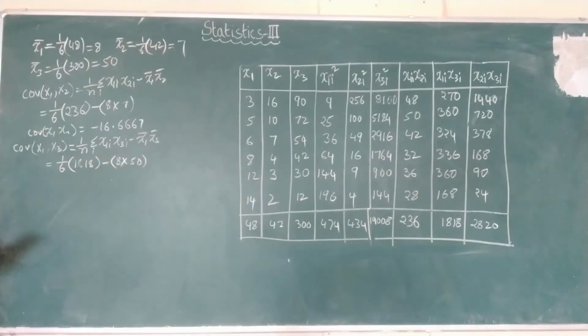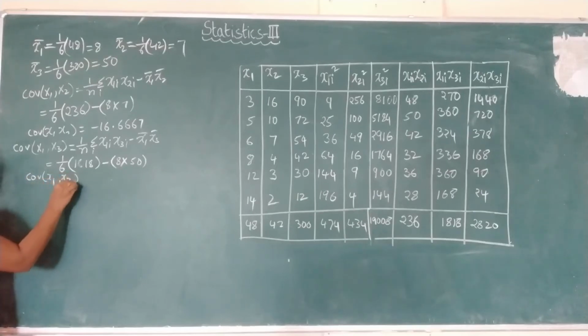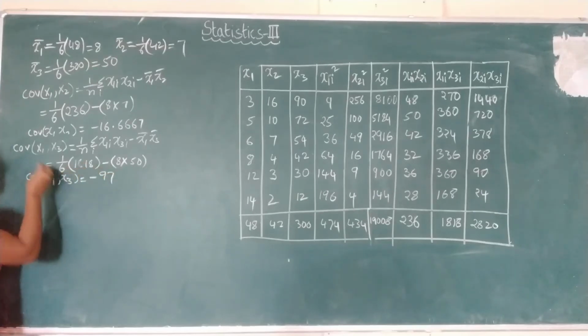So find out the value: 1818 divided by 6 minus 8 into 50. You will be getting the answer for covariance of x1, x3 as minus 97.